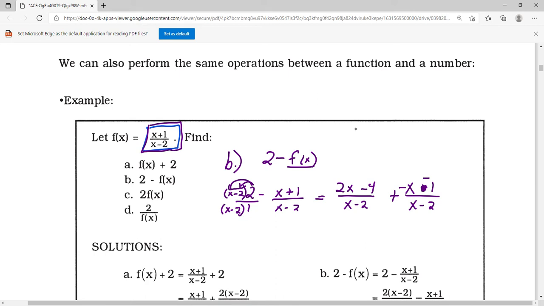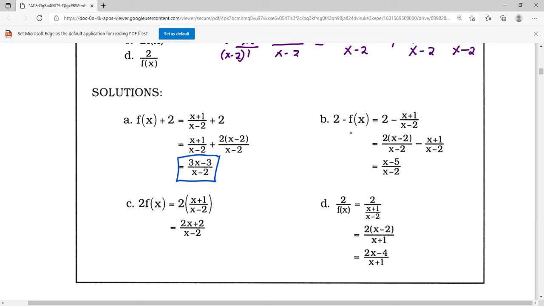That way, when we think about subtracting, we have 2x minus x, which would be just 1x left. And then negative 4 and negative 1. So instead of thinking negative 4 minus positive 1, we're thinking negative 4 plus negative 1, which would be negative 5 over x minus 2.